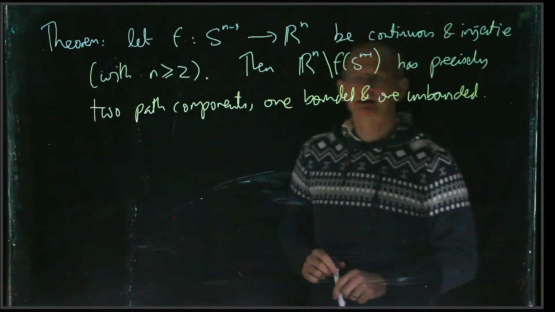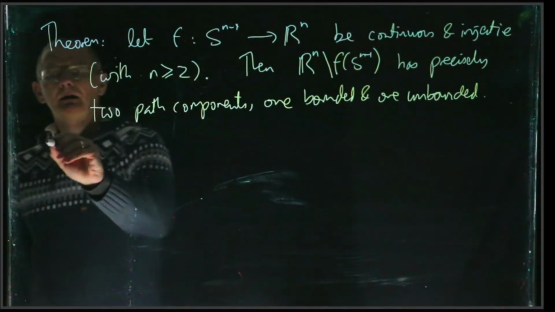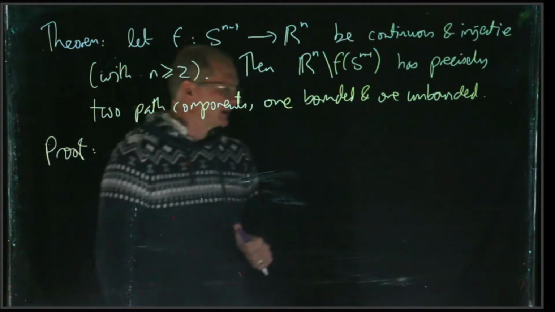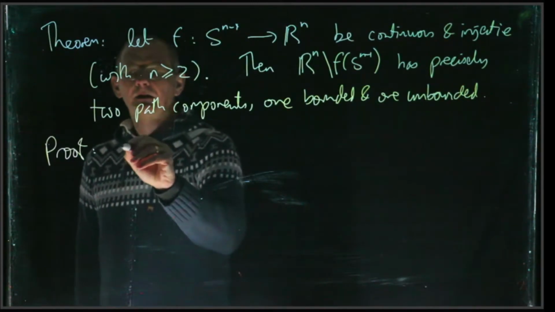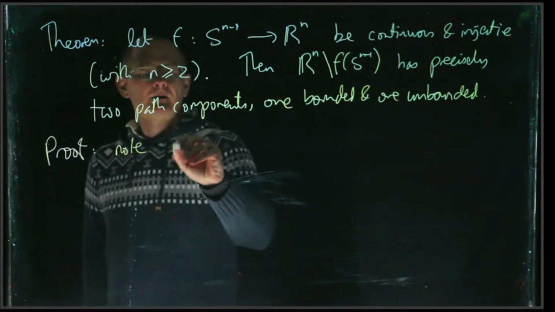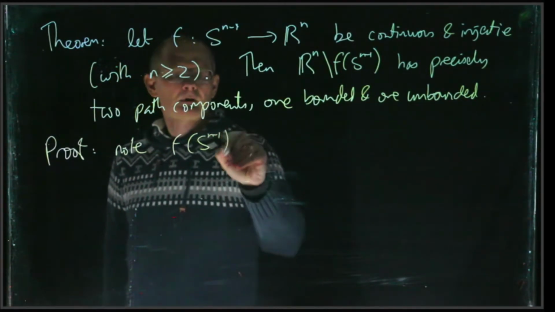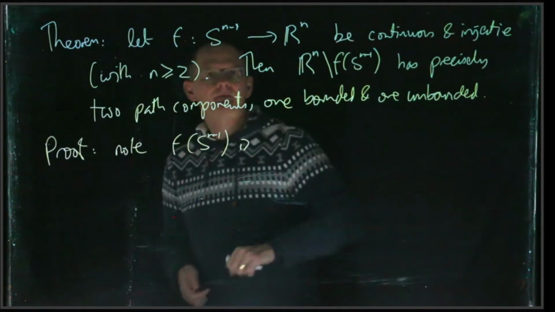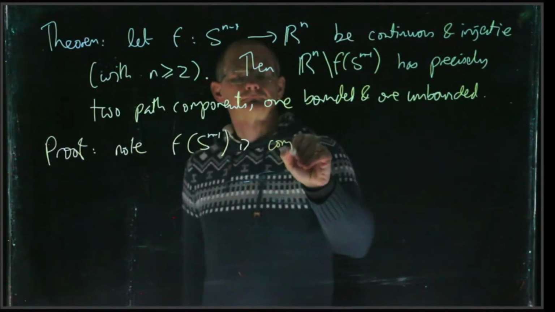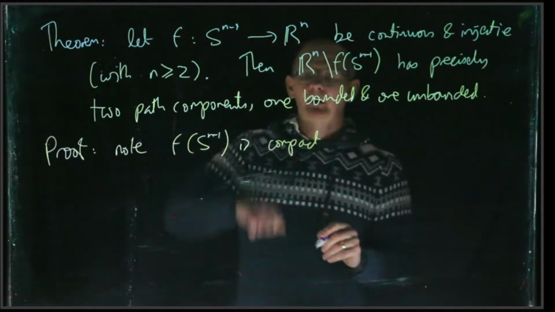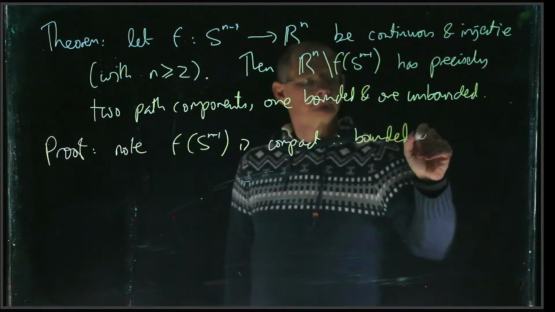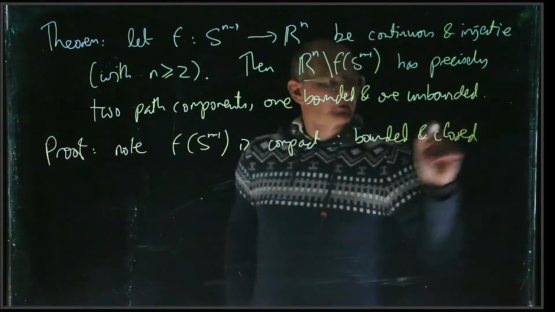Okay, so it'll be convenient. Well, so this is going to be compact, right? Because S^(n-1) is compact, and so it's going to be bounded and closed.